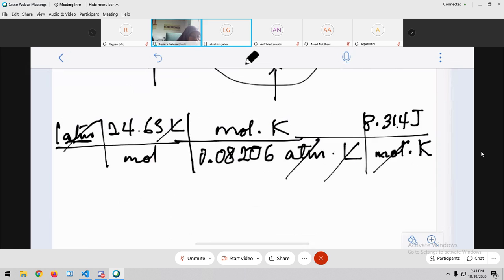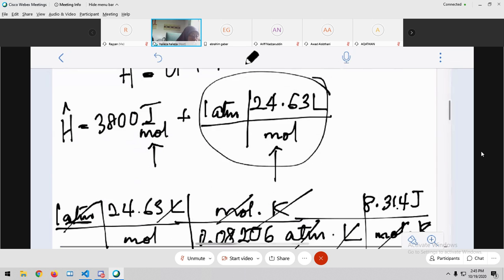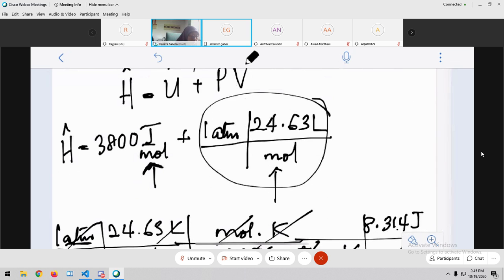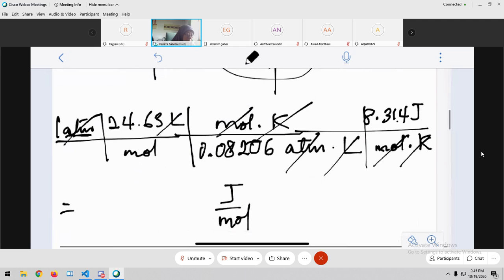So you cancel that off, cancel your Kelvin, you end up with a unit of joules per mole, which is the same as that unit. Okay, so do the calculation. Somebody give me the answer. 24.63 times 8.314 divided by 0.08206.